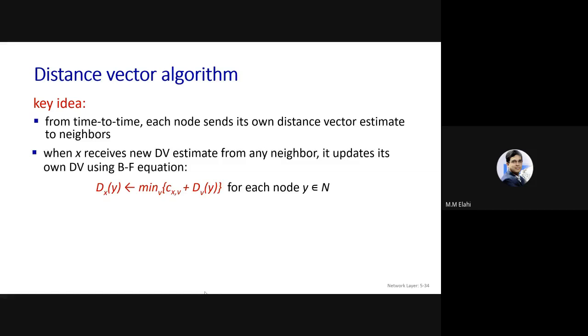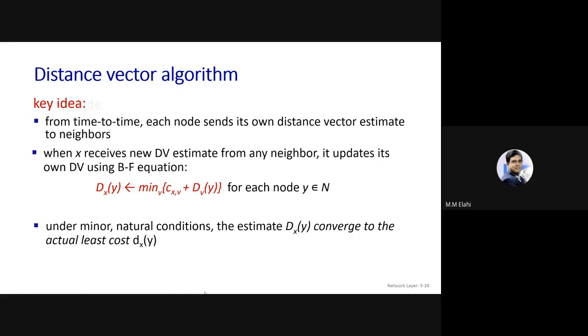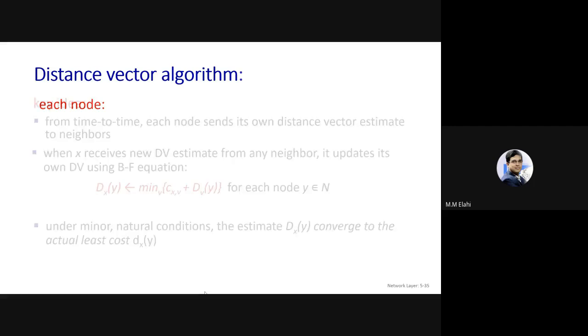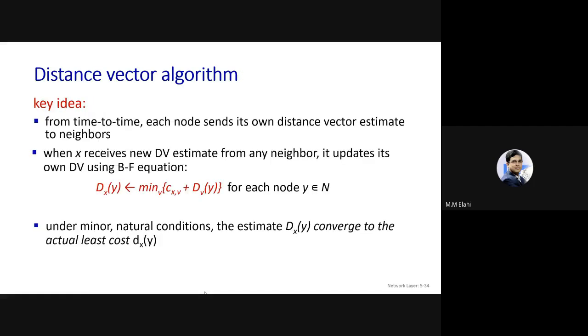I think I explained the Bellman-Ford equation in the last class, but again, you can see d_x(y). This x is the source and y is the destination. Then you can see we will take the minimum over v. How? We will take the direct cost c(x,v), that is already known, because v is a neighbor of x.